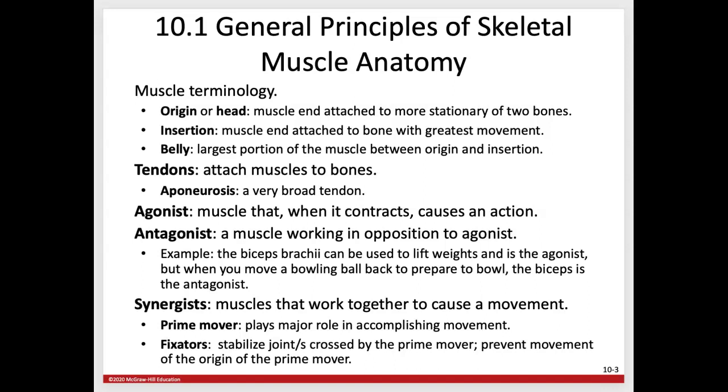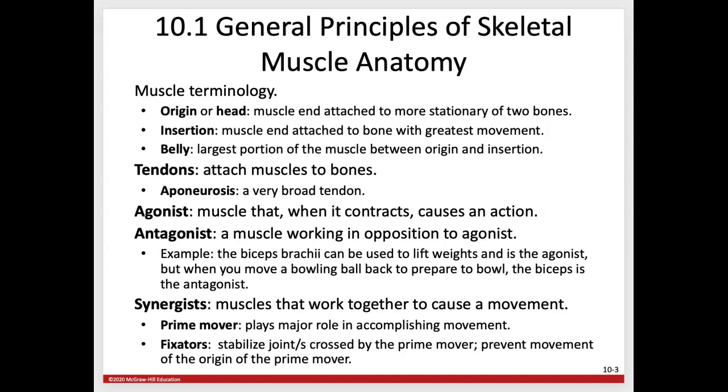As an example, the biceps brachii can be used to lift weights, and is the agonist, but when you're moving a bowling ball back to prepare to bowl, like when you swing it behind you, the biceps become the antagonist. So it's kind of interesting the way the muscles work together.